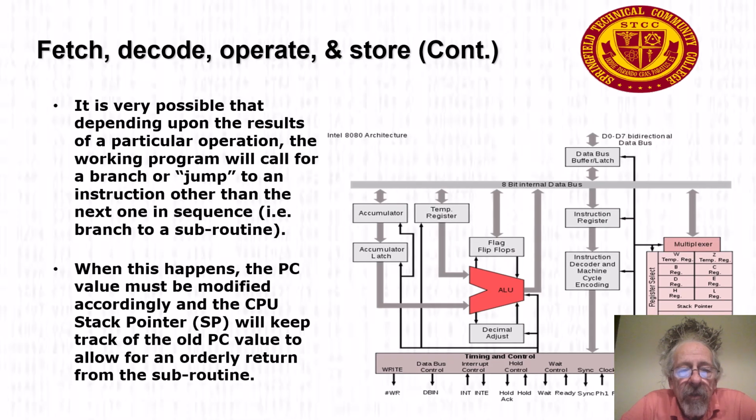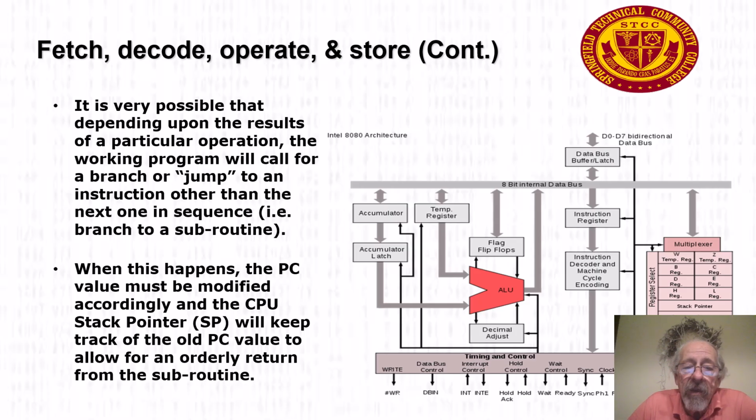It is very possible that depending upon the results of a particular operation, the working program will call for a branch or jump to an instruction other than the next one in sequence, i.e., branching to a subroutine, it's called. When this happens, the PC value must be modified accordingly, and the CPU stack pointer, or SP, will keep track of the old PC value to allow for an orderly return from the subroutine.